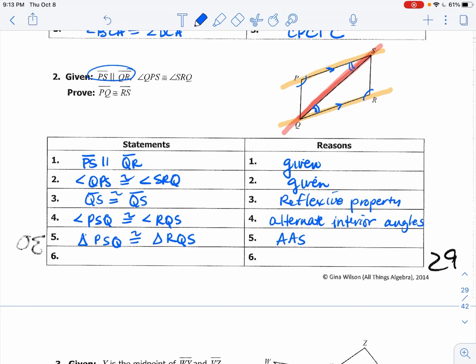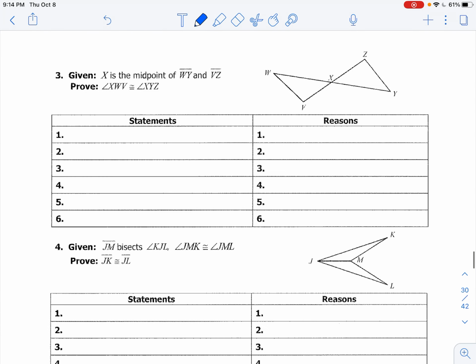Angle, angle, side. As soon as I wrote that, I knew it was the wrong thing, because remember, side-side-angle is not a triangle congruence theorem. All right, so angle, angle, side proves these two triangles are congruent. So now PQ is congruent to RS, and that is by corresponding parts of congruent triangles being congruent. Okay, it just takes practice.